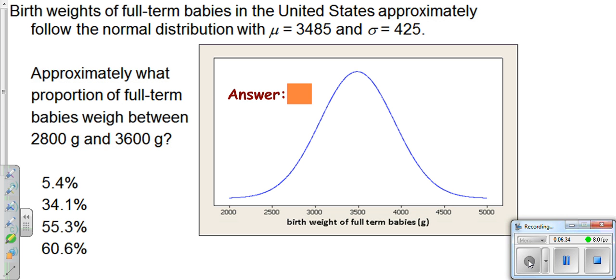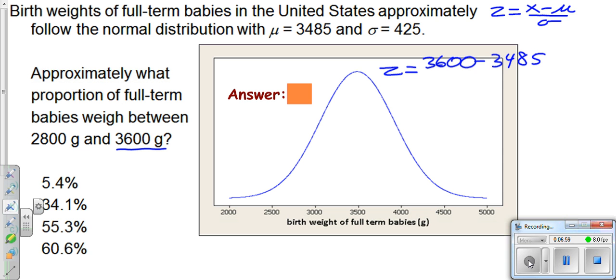In each case, we need to figure out a z-score. So I need to figure out a z-score for my 3600. So I need to remember my z-score formula. Remember, it's my data value minus your mean over your standard deviation. So z, in this case, is equal to my 3600 minus my mean over my standard deviation.